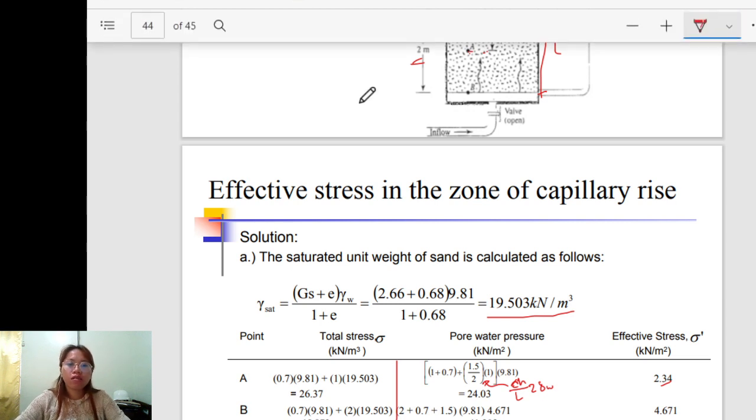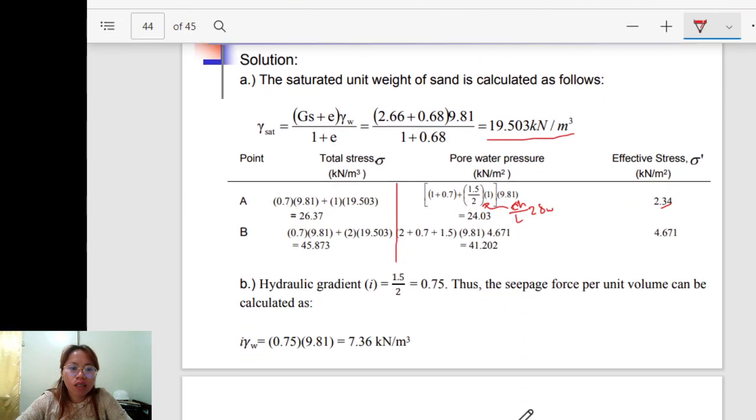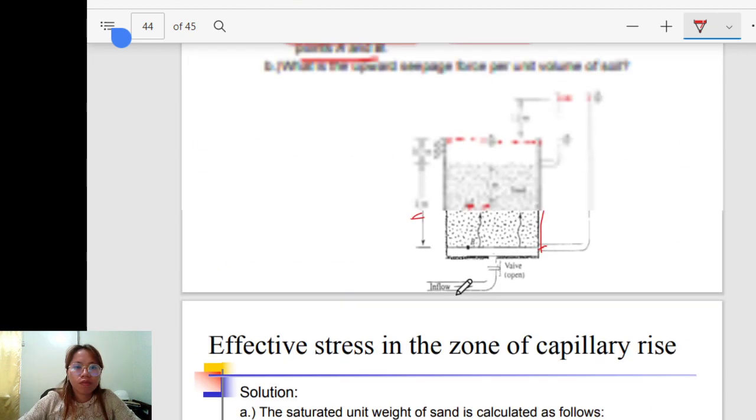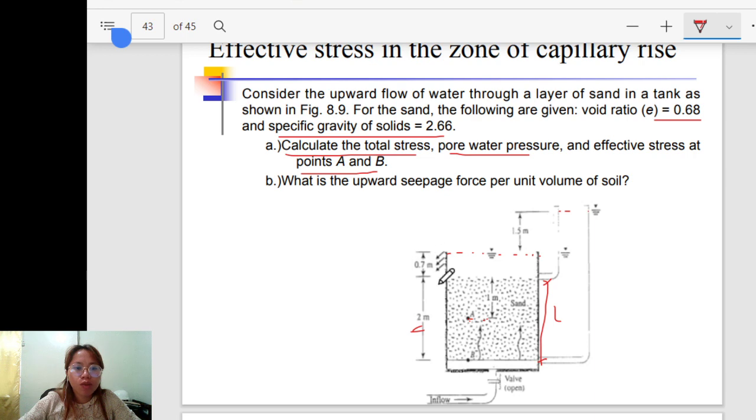Alright, this is not it. What actually applies is the figure: 0.2 plus 2.